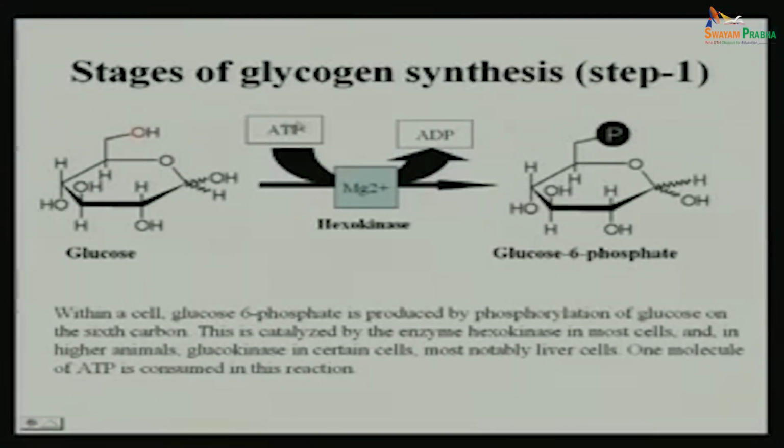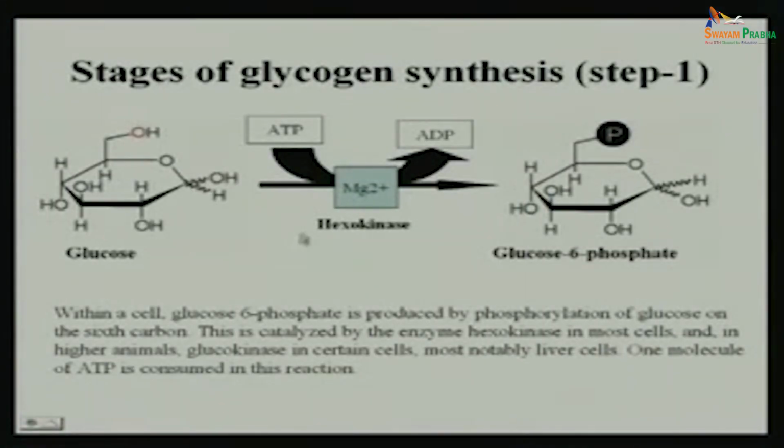Now, when we are talking about the different stages of glycogen synthesis, we can find that glucose is converted to glucose 6-phosphate. This step is the same as the first step of the glycolytic process. Here you see hexokinase is the enzyme.